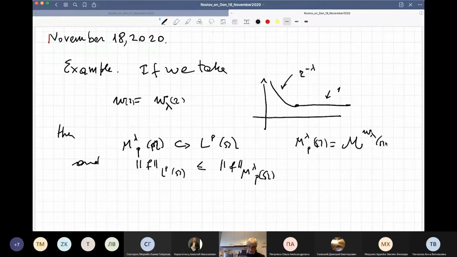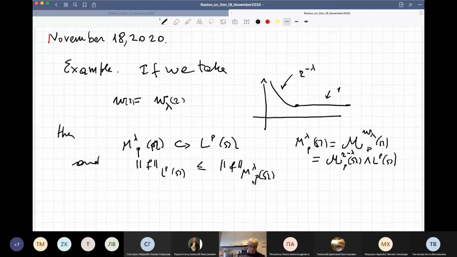And we have seen also that this was equal to the Morrey space associated to the weight R to the minus lambda, intersected with LP omega. We proved that a lecture or two ago.